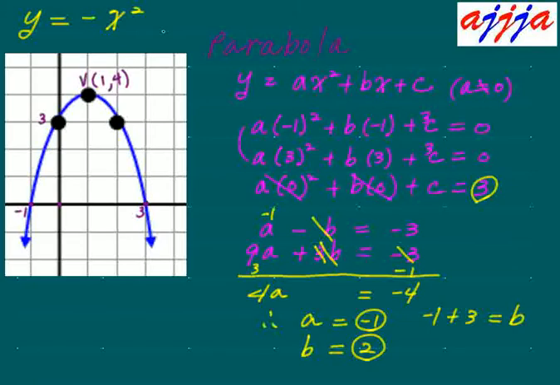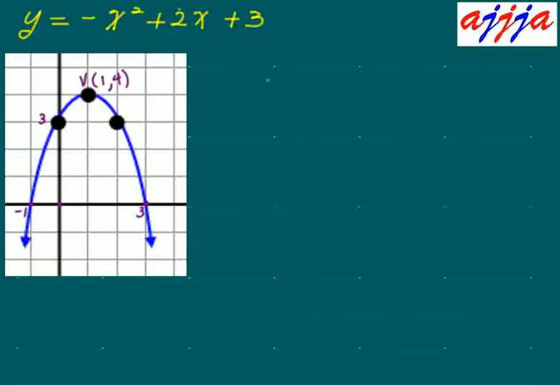Now B is 2, so plus 2x. Now what about C? C is 3, so plus 3. That's it. Wow, man, looks good.